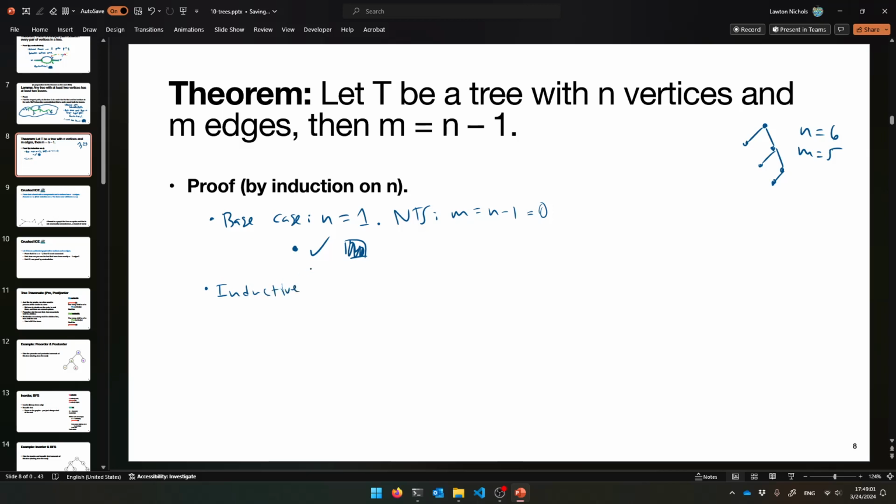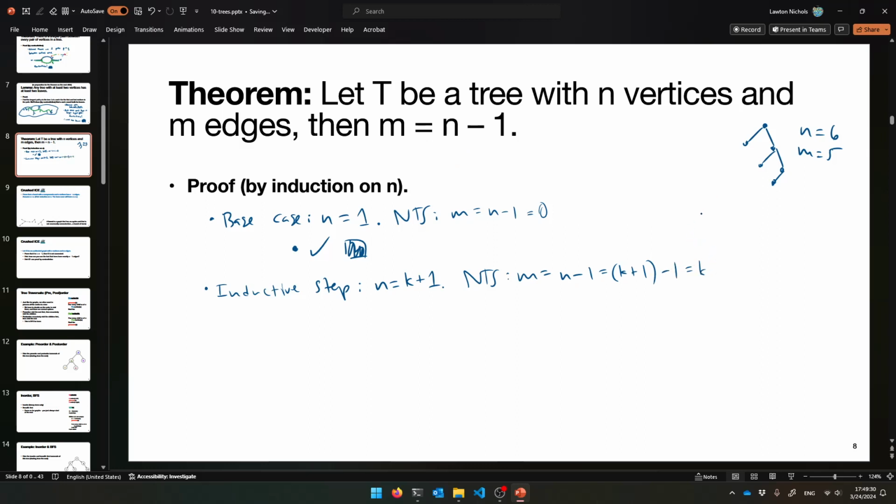So assume it works for k, prove it for k plus 1. Inductive step. So in my inductive step, let's say that n is equal to k plus 1, all right? And I need to show that m is equal to n minus 1, but n is equal to k plus 1. N minus 1 is equal to k plus 1 minus 1, which is equal to k, all right?